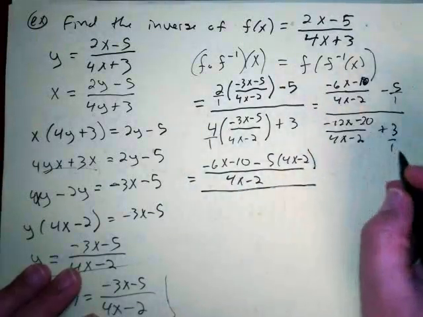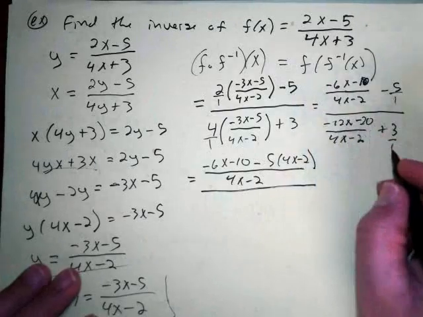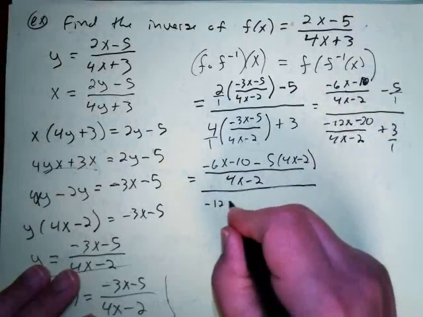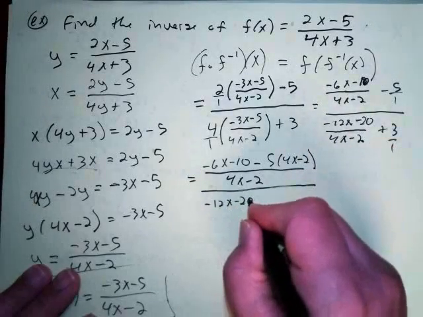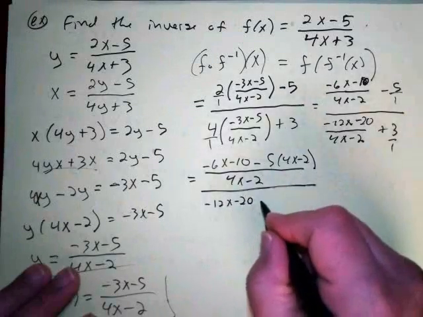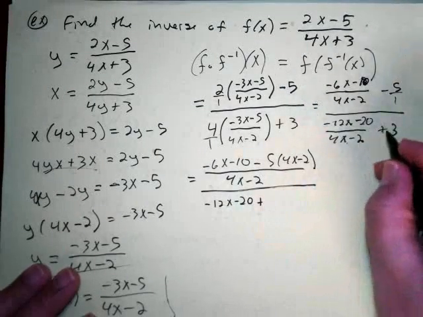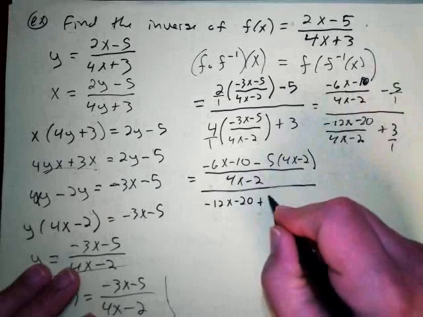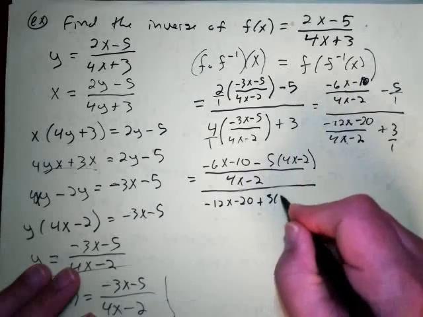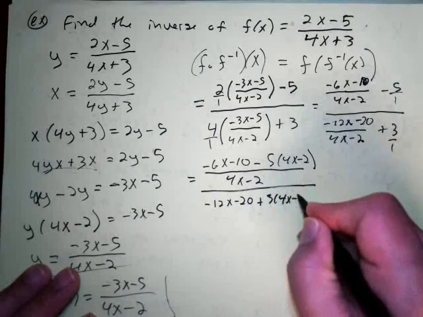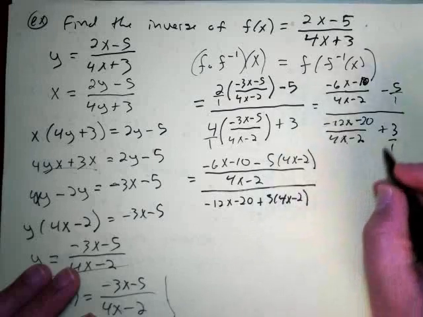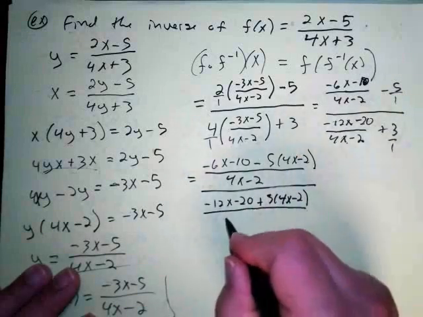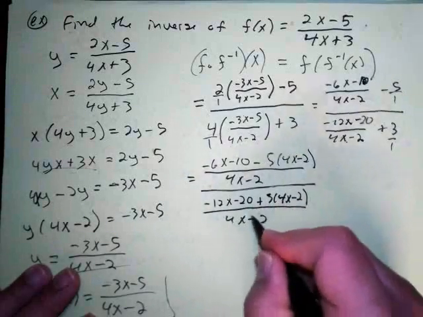And all of this, now combine over a common denominator: that times that, plus this times this, all over 4x minus 2.